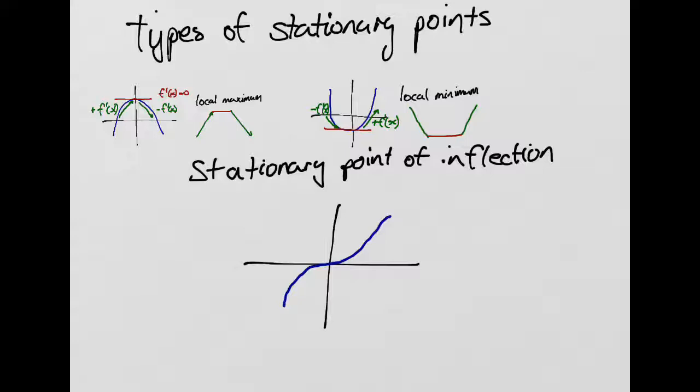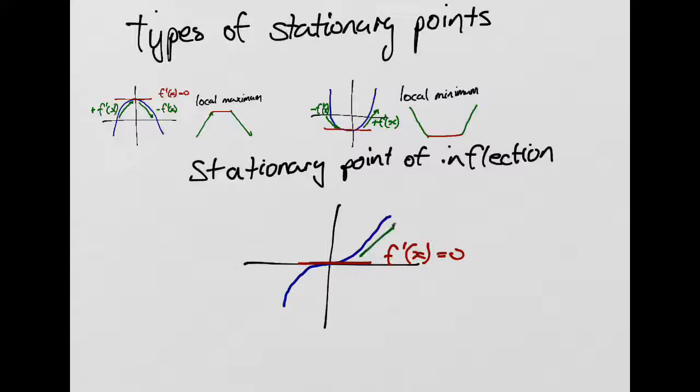That point there on a cubic is at x equals 0, and the gradient at that exact point is 0. Now it's a point of inflection mainly because the sign of the slope does not change either side of the stationary point.